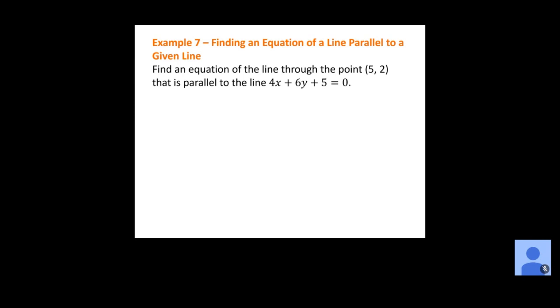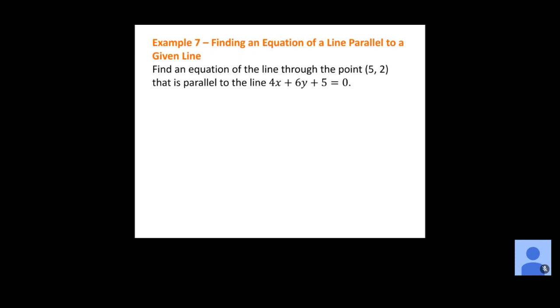All right, so now we want to find an equation of a line that goes through the point (5, 2) and is parallel to the line 4x + 6y + 5 = 0.